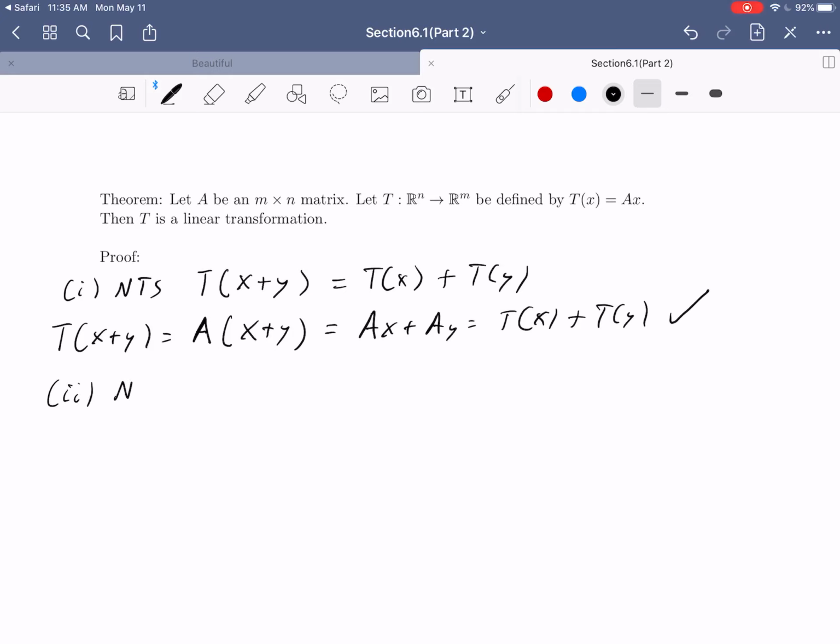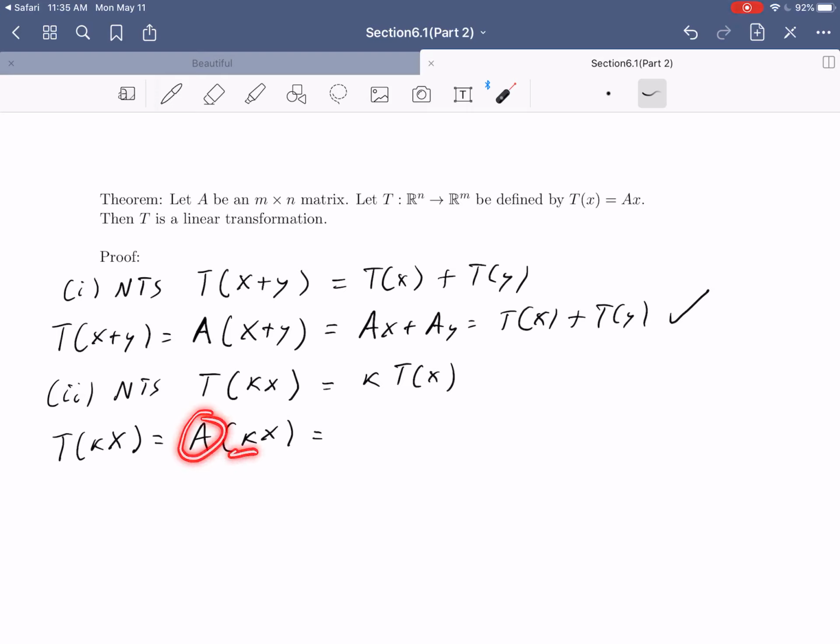Now we need to do the same thing for scalar multiplication. So we need to show that T of kx equals k times T of x. T of kx would be A times kx. Of course, this is a matrix, this is a scalar, and this is a vector. This k here can be placed anywhere, so we can just pop it out front.